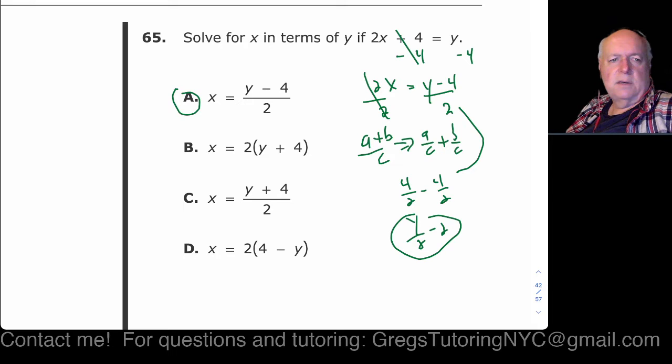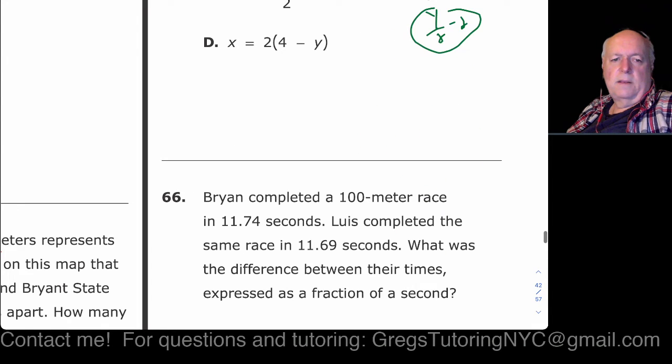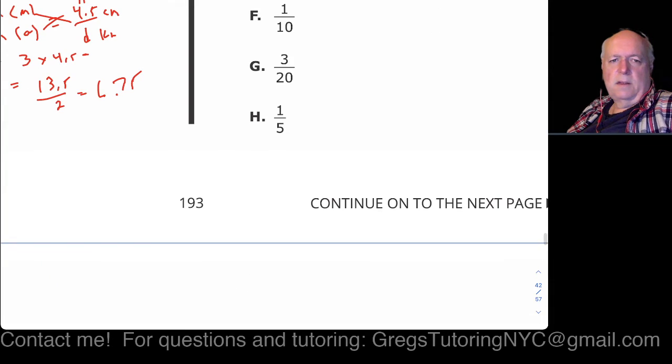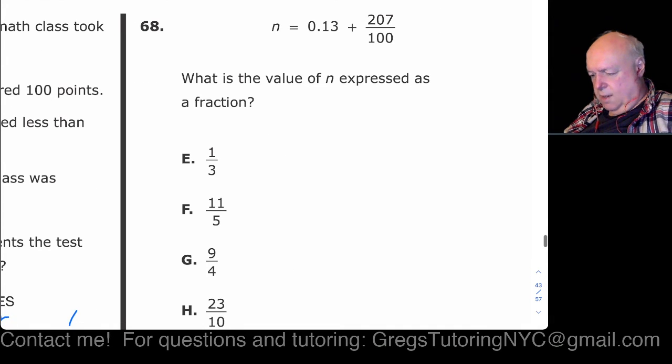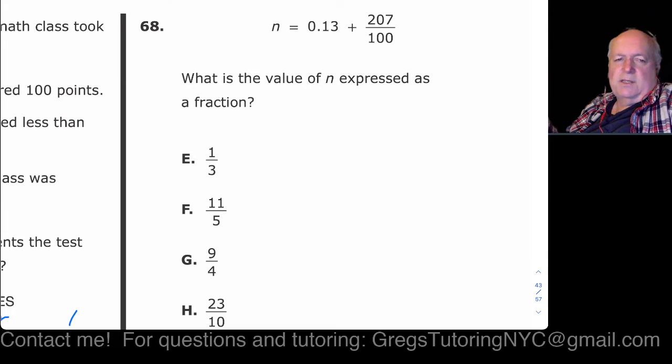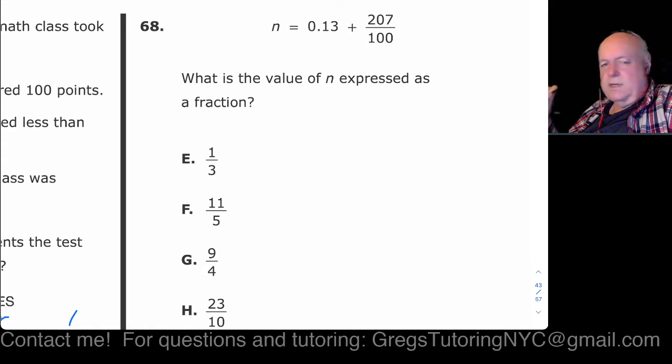68 is the next one. This is not particularly a formal solve for X question per se, but it's involving solving for n. We have to do something with it. The answer's in fractional form here.